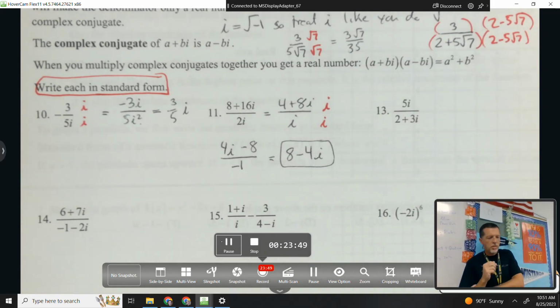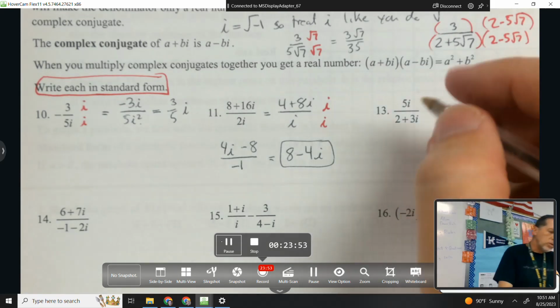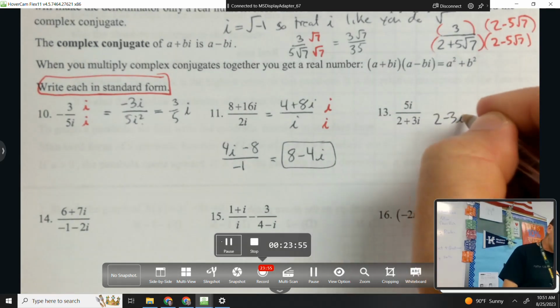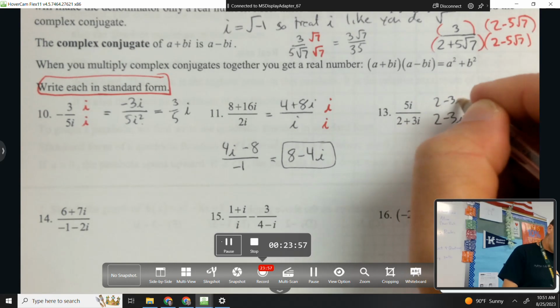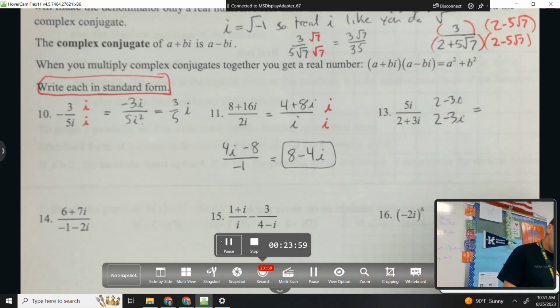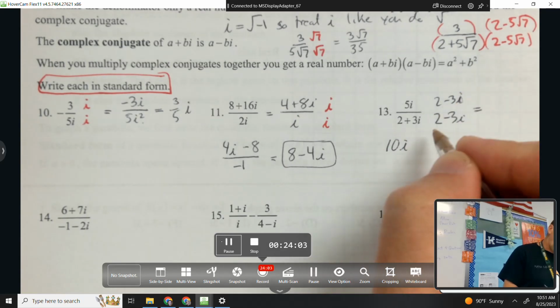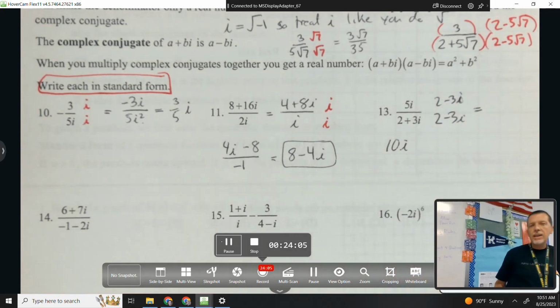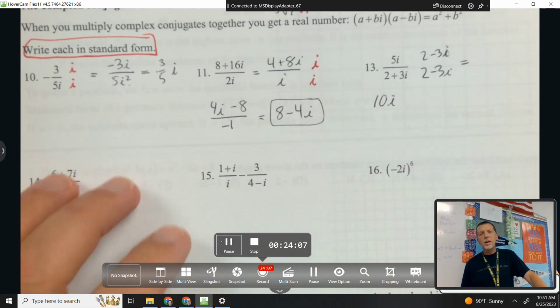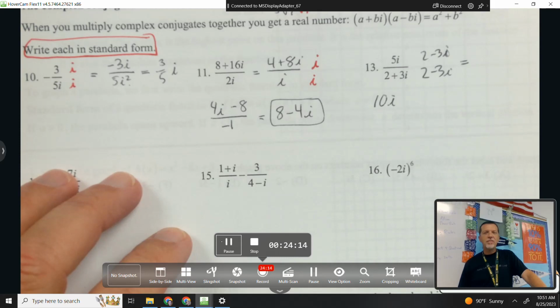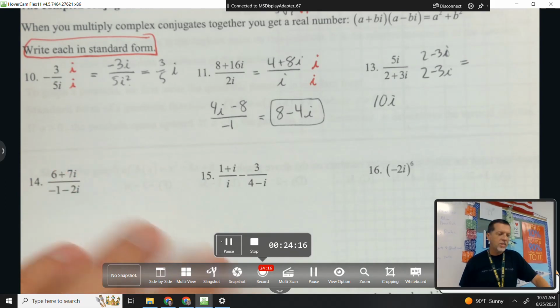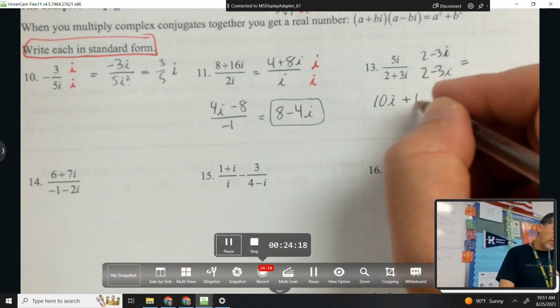How about 13? What do you want to multiply by on 13? 2 minus 3i. So the top is easy, 10i. Again, I almost get in trouble when I start to skip these steps. 5i times negative 3i is negative 15i squared, which is plus 15.